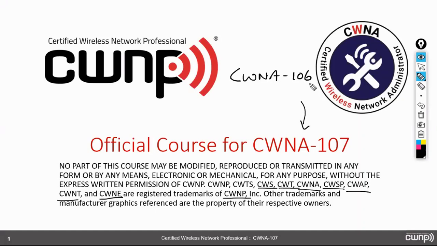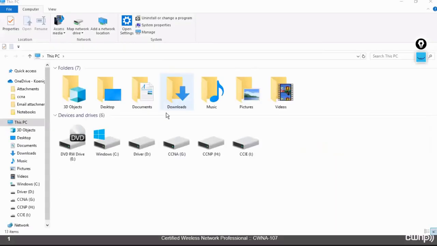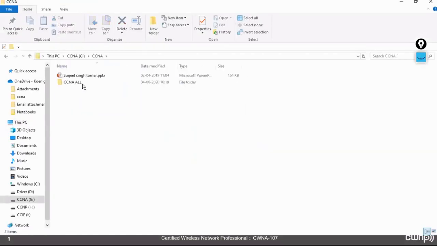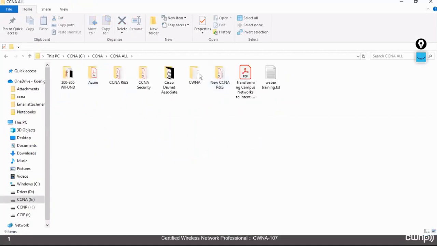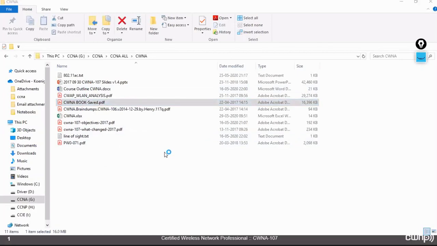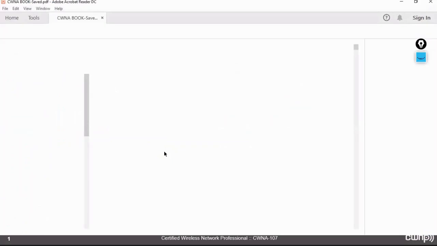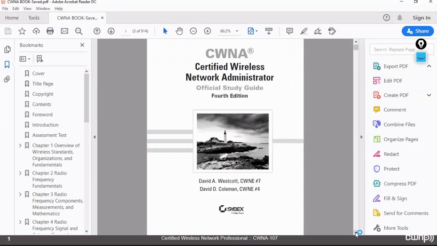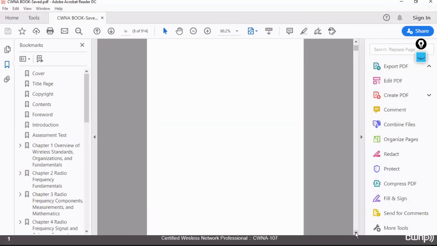I would like to show you. Okay, this is the CCNA folder. This is my drive, CCNA all, and you can see the CWNA folder. This is the slide, and yes, this is the CWNA book. I would like to show you what we have in this book, and let's see how many lessons we have.